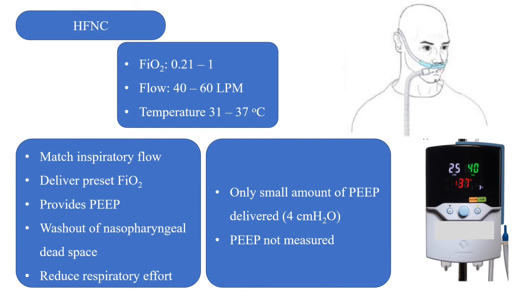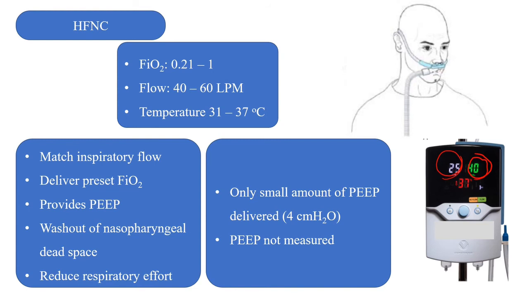Before using mechanical ventilation, there is the high flow nasal cannula. With the high flow nasal cannula, you set the FiO2, which ranges from 0.21 to 1. The flow rate is a maximum of 60 liters per minute.